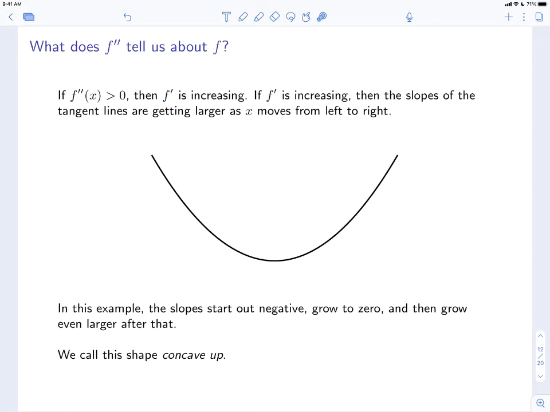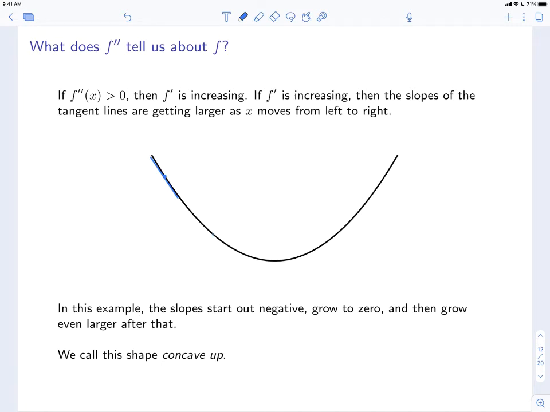Well, what does f prime increasing mean about the graph? f prime gives you the slopes of tangent lines. So if f prime is increasing, then the slopes of the tangent lines are getting larger as x moves from left to right. In the picture that you see here, you're seeing exactly that happen. If we pick a point on the left and draw a tangent line, the slope is negative.